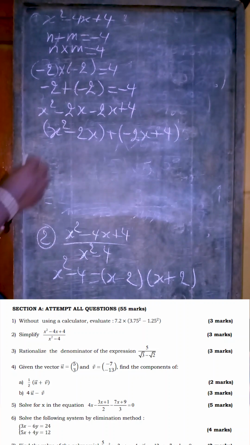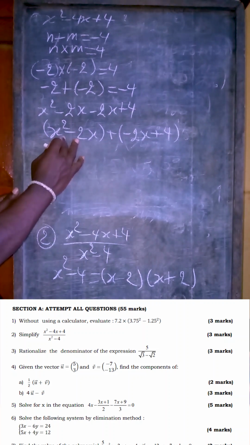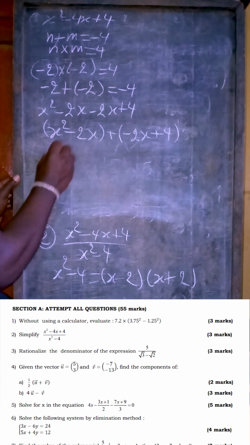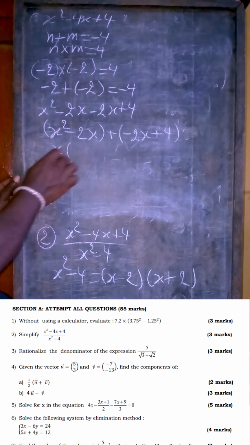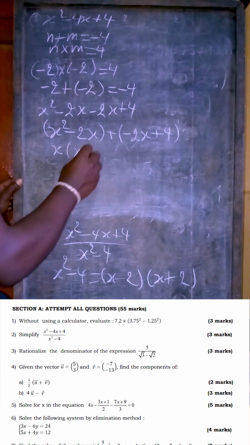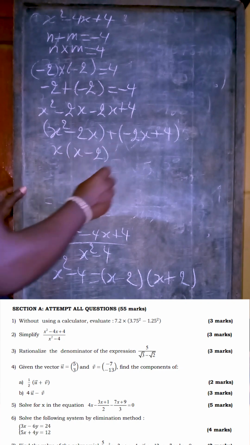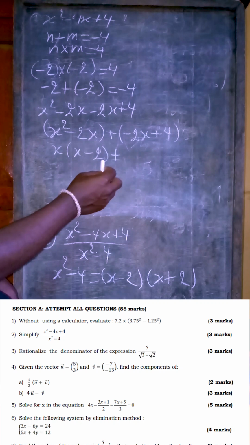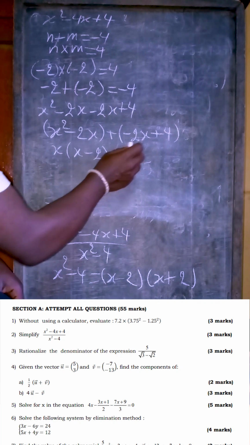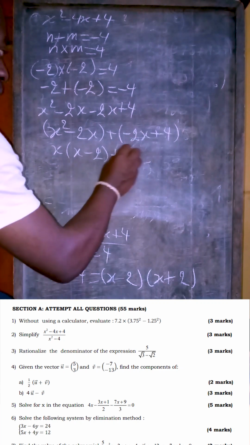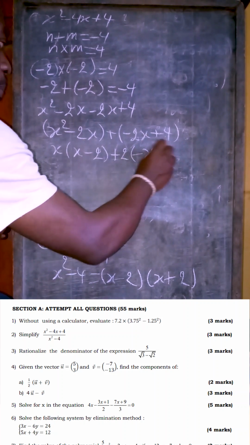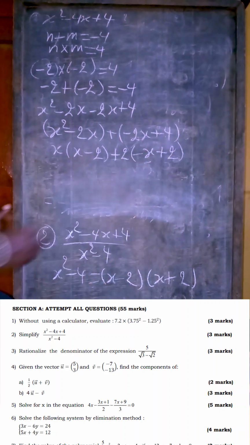By grouping, let us put some element outside. Here we put x outside, and we remain with x minus 2. Plus, here we can put 2 outside, and we remain with minus x plus 2.